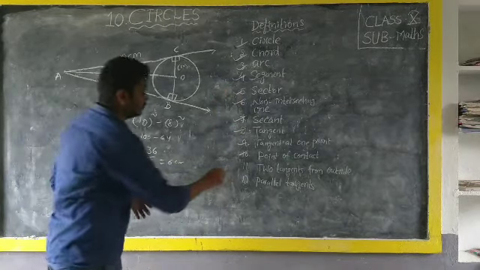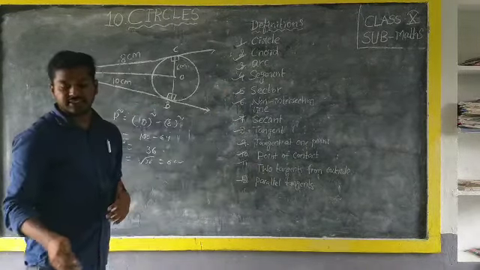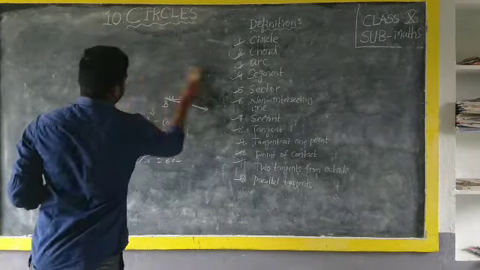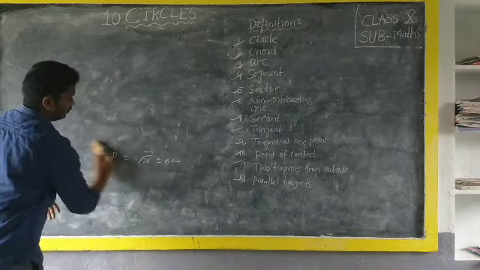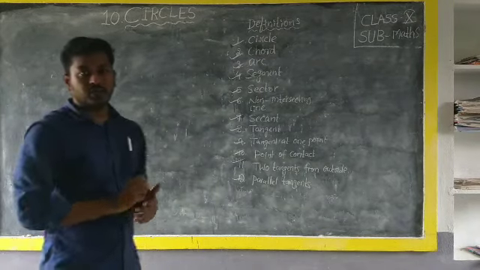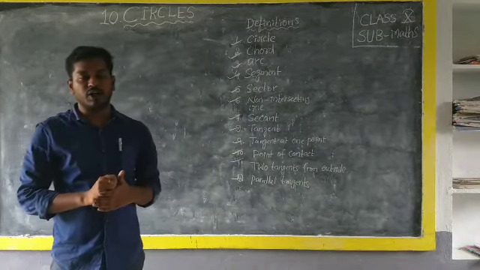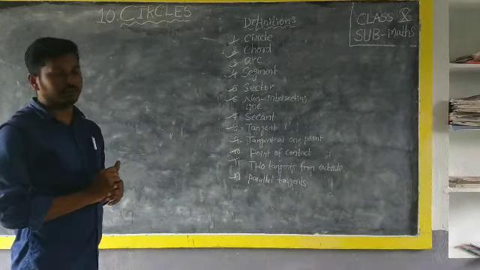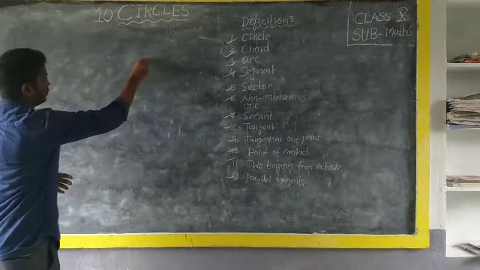Okay. Now, parallel tangents. In a circle at one time, at most how many parallel tangents can we draw?